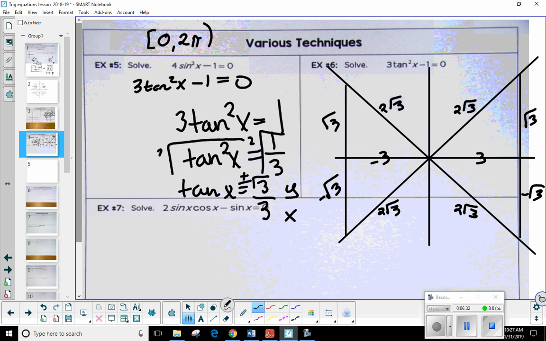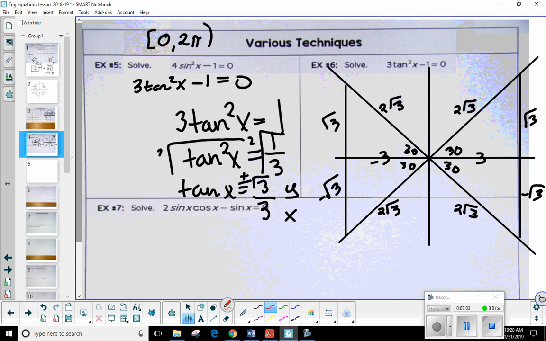Is that 30 or 60? That is 30, because the square root of 3 is the shortest side, and that has to be across from 30. 3 has got to be the longer leg. So all of these reference angles are 30. Now remember, when we're looking for the angles that make this equation true, where do we start rotating?